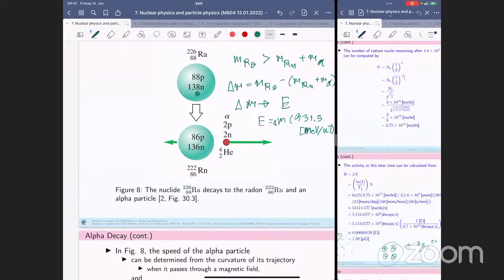And as you know from the previous semester, if you let a charge like an electron or any positive charge move, and you have the B field, the magnetic field, B field is pointing into the plane of this lecture note.